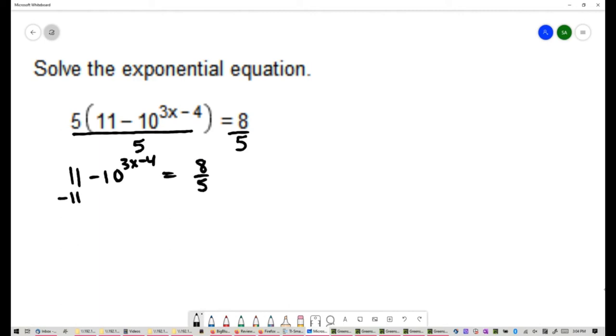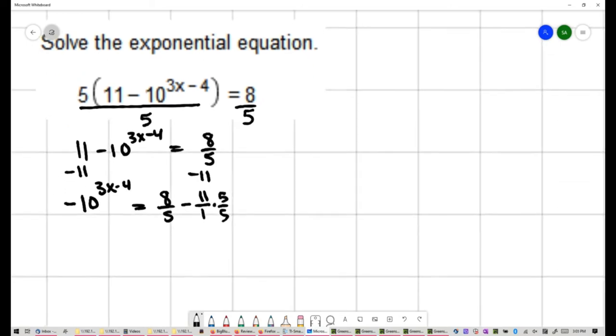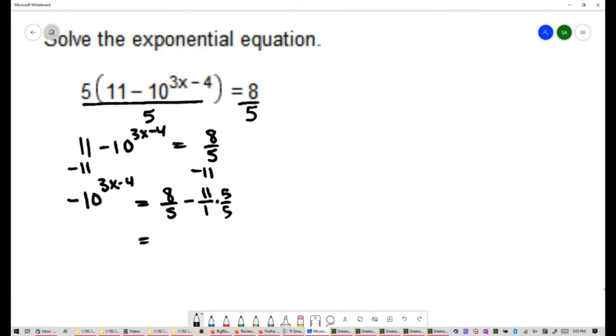Subtract 11 on both sides. That gives negative 10 to the 3x minus 4 equals 8/5 minus 11. I need a common denominator, so I'll make that 11 over 1 multiplied by 5 over 5. 8 over 5 minus 55 over 5, which is negative 47 over 5.